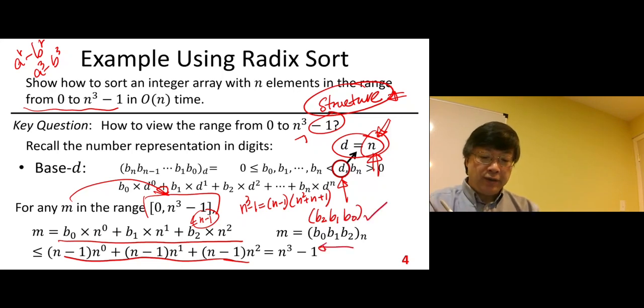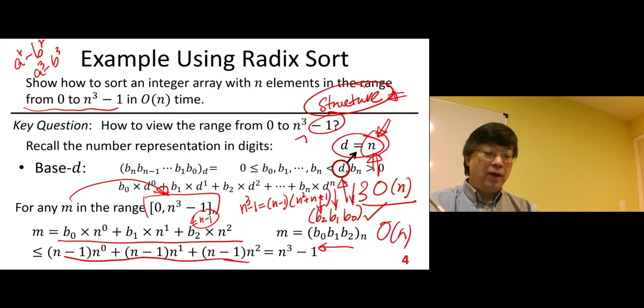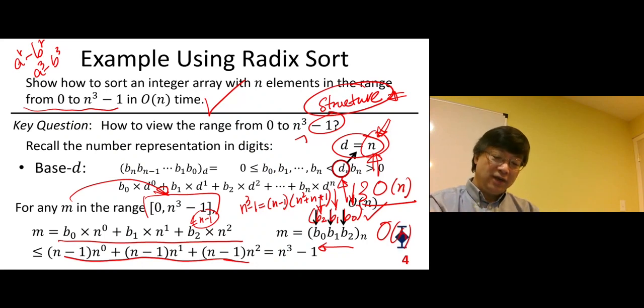So this way is correct. We just apply counting sort the first time, second time, third time. Each time the counting sort is O(n), because the range is n, and we do it three times, still O(n). That's how we get this. Using that way, we solve the problem.